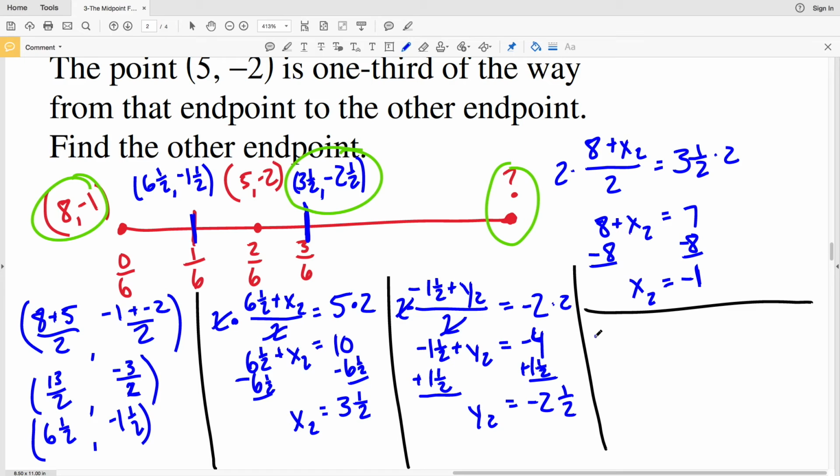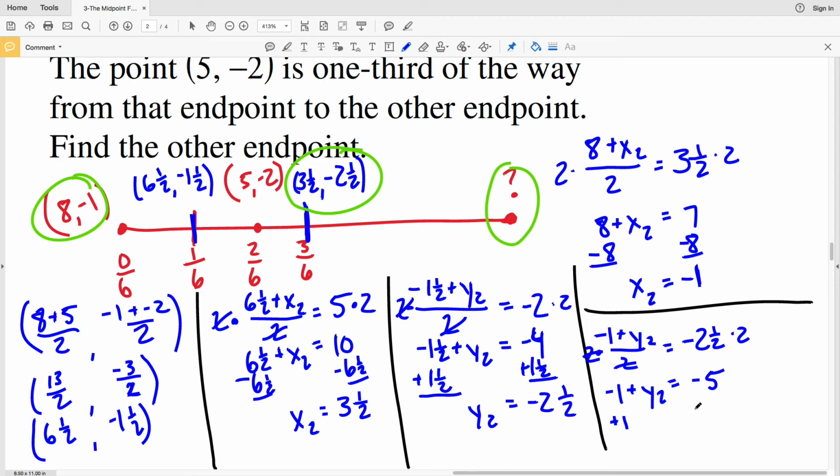My y coordinate, negative 1 as y1, plus y sub 2, which is our unknown. When we divide that by 2, we're going to get negative 2 1/2. Multiplying both sides by 2, my 2's will cancel out on my left-hand side, and I'll be left with negative 1 plus y2, and that's going to be equal to negative 2 1/2 times 2, which is negative 5.